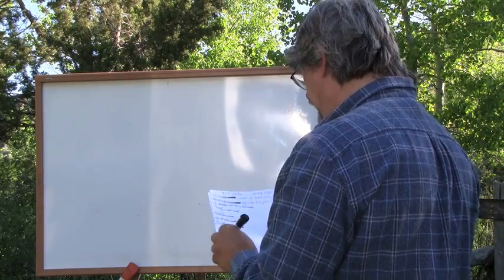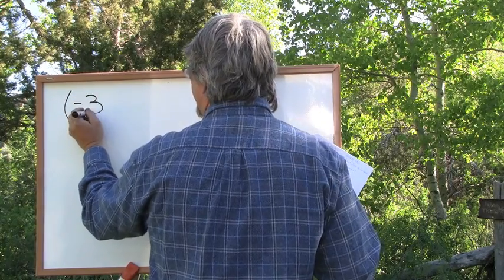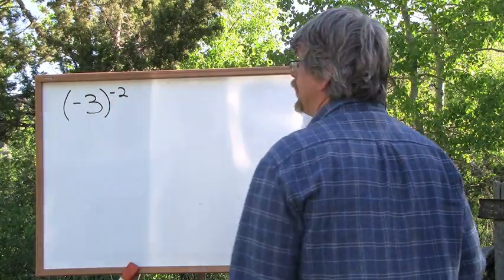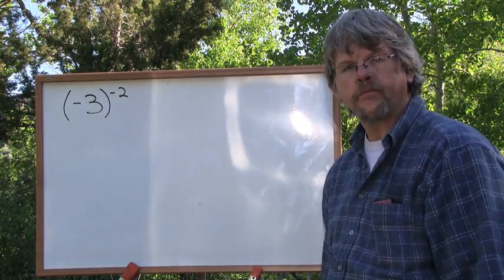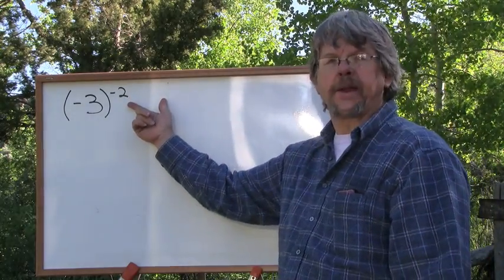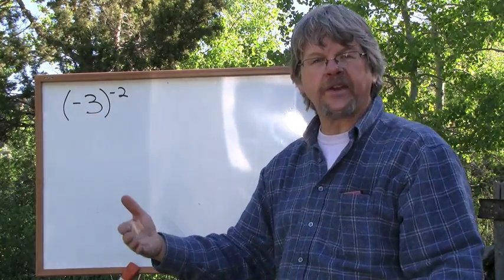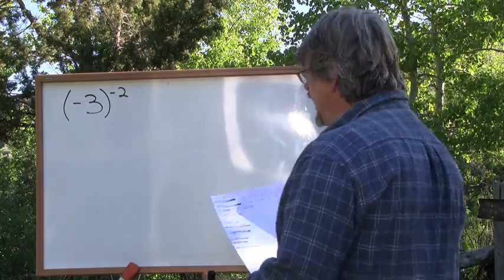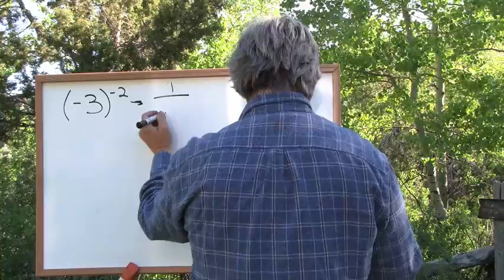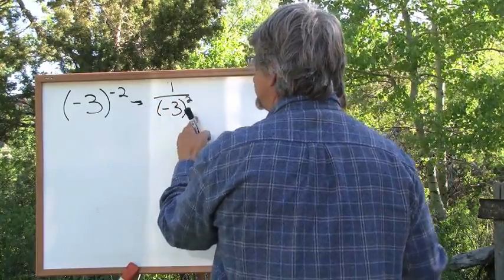Let's do another negative exponent that is really interesting. What if we're given negative 3 to a negative 2? Now think this through, what it's telling you. We know the rule with a negative exponent. But instead of a positive number, we have a negative number. But doesn't it make sense that we can put 1 over negative 3 to the positive 2?